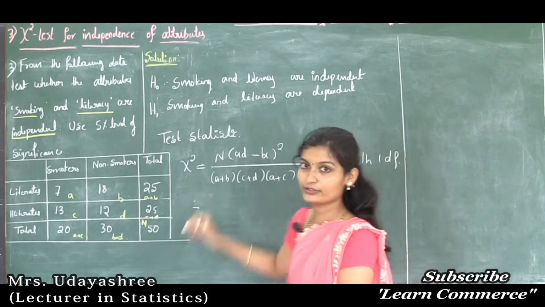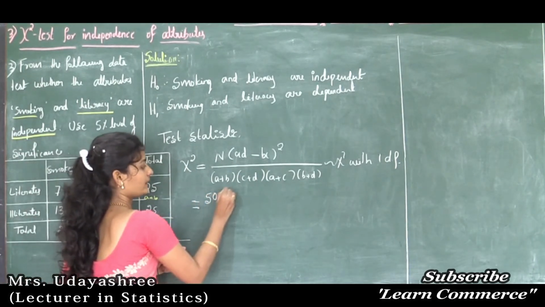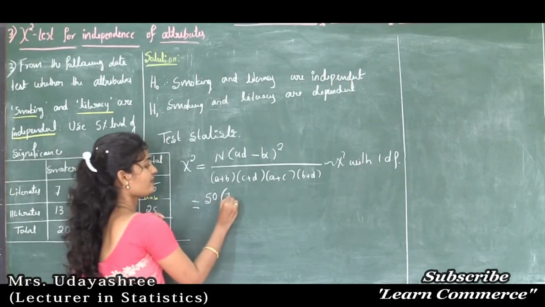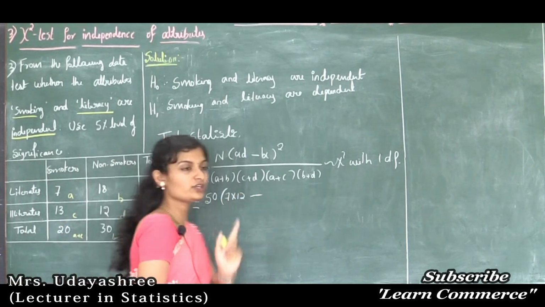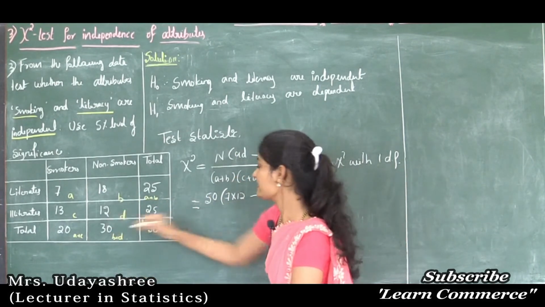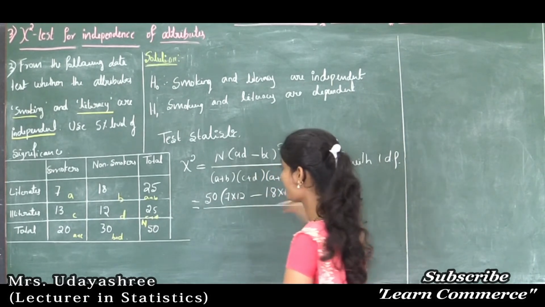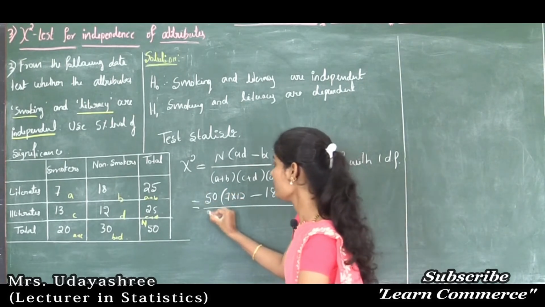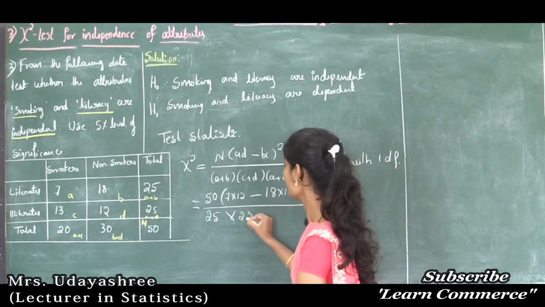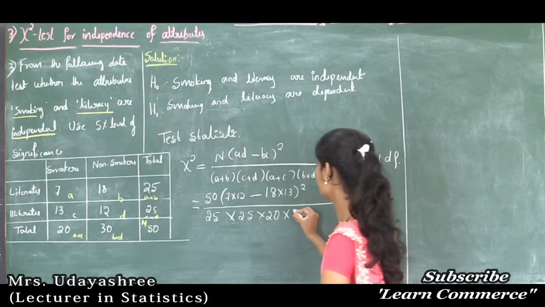So this is equal to, see here, capital N, the number of observations, is 50, into A into D. A is 7, D is 12, so 7 into 12, minus B into C. B is 18 and C is 13, so 18 into 13, whole square, divided by A plus B, that is 25, into C plus D, that is 25, into A plus C, that is 20, into B plus D, that is 30.